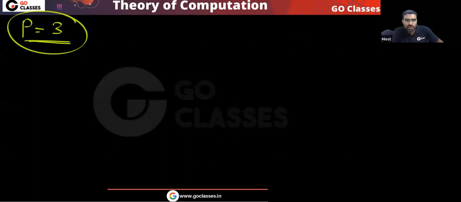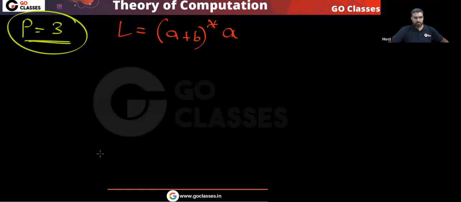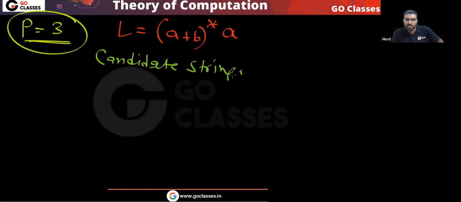If I take P equal to 3, first of all, your language is strings ending with A. Now you tell me, if I take P equal to 3, what are the candidate strings, or valid strings, to check?